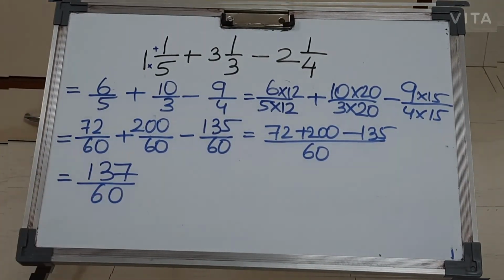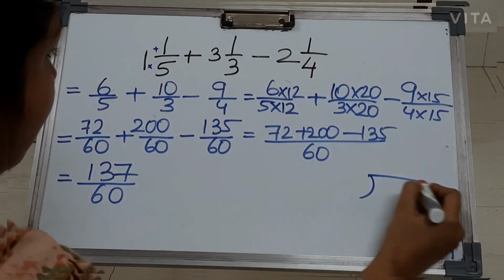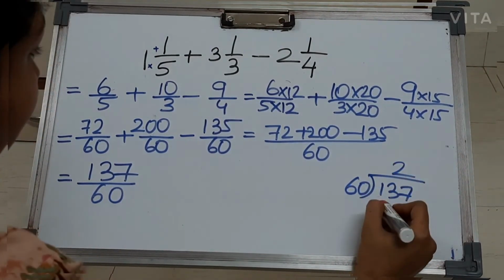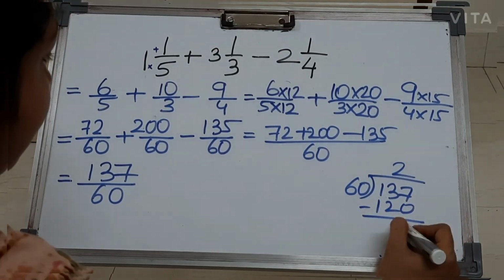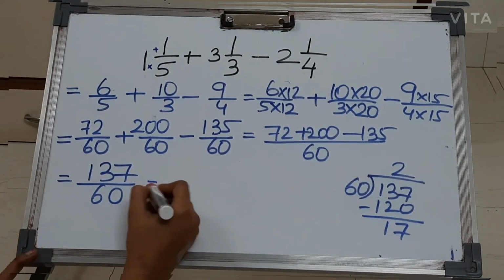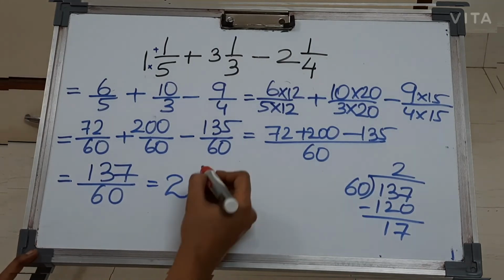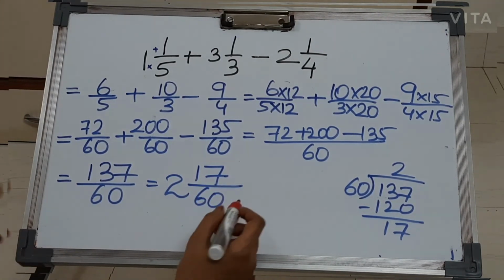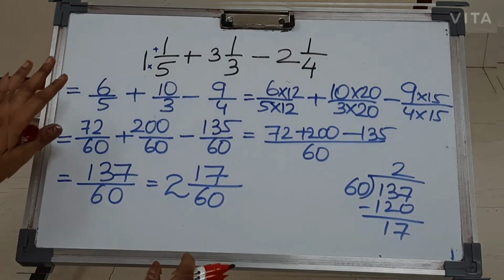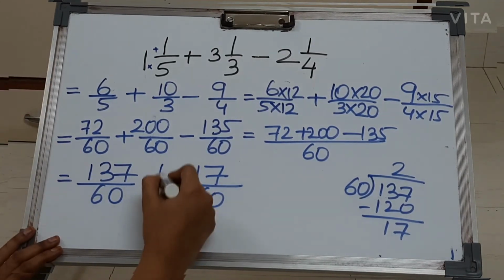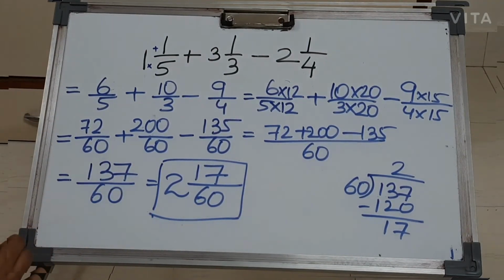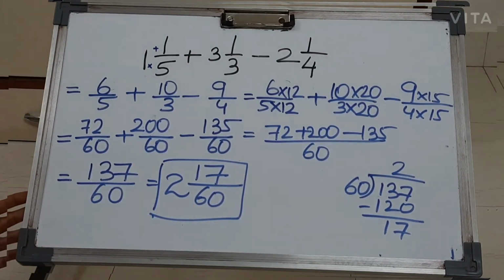We will convert it into a mixed fraction. 137 divided by 60. 2 times 60 is 120, minus, remainder 17. So the answer here is 2, quotient, remainder 17 divided by 60. So in both methods you can see there is only a difference of calculation and the answer remains the same. So this is, up till now, the addition and subtraction for the fraction chapter.